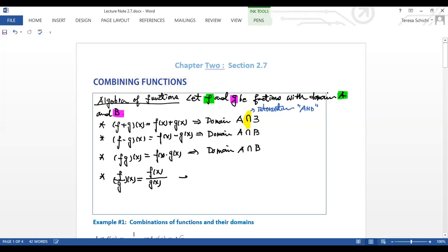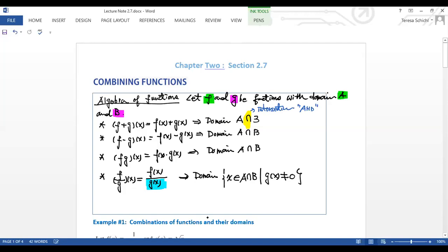Here, for the domain, we need to be careful. Of course, all the x's have to belong to A intersect B because this is the resulting function. But in this case, because g(x) is now in the denominator, we need to add one condition. All values have to belong to both A and B, which is given, and also g(x) is not equal to 0.